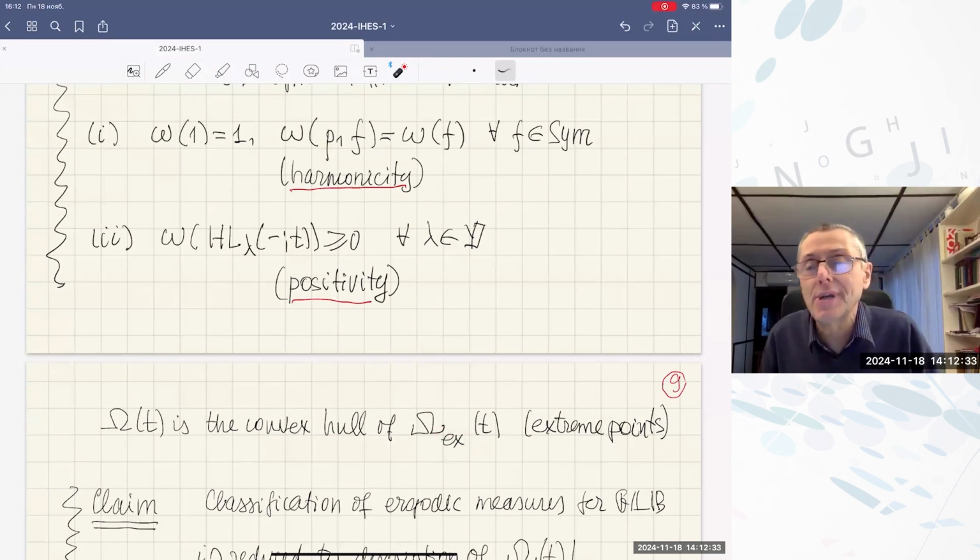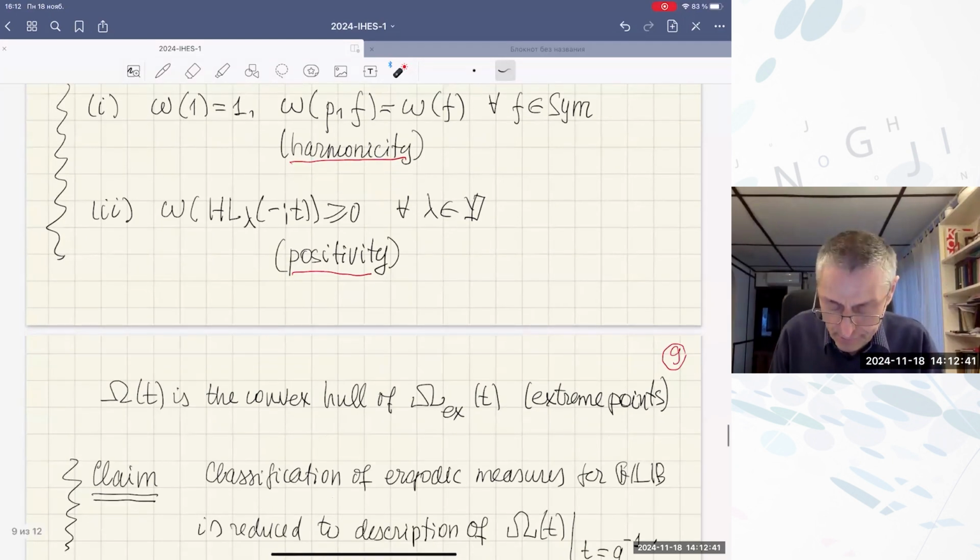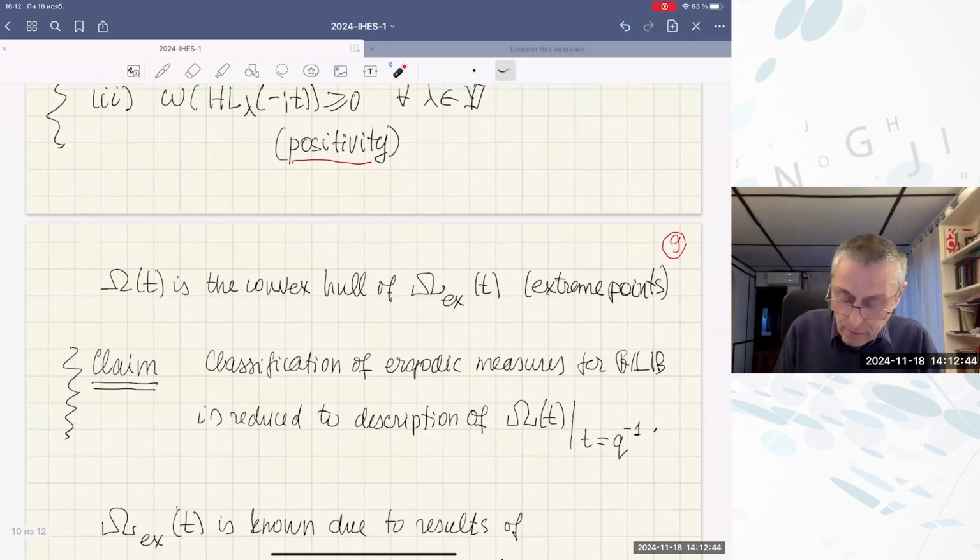So extreme points are elementary objects. Actually, they are some analogs of irreducible representations. So the claim is as follows. The classification of ergodic measures, our problem, can be reduced to the description of extreme points.